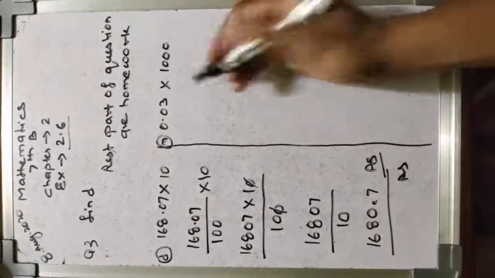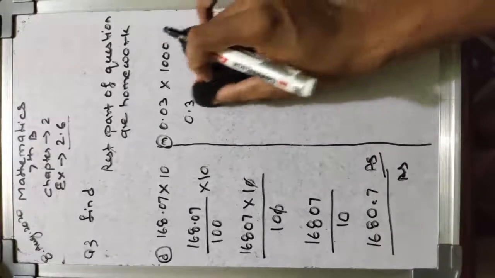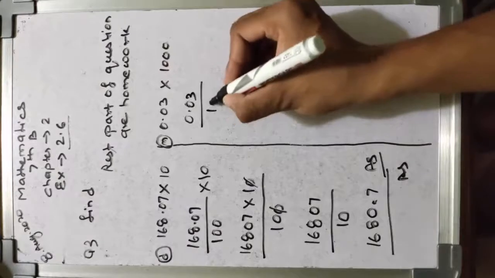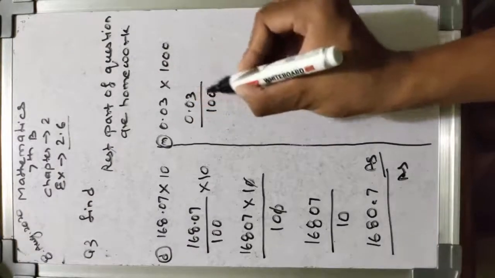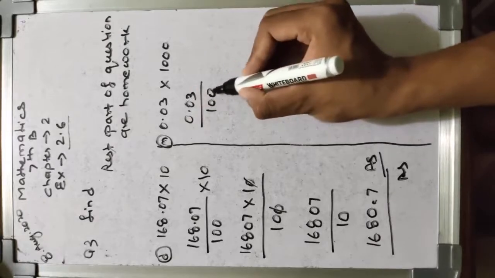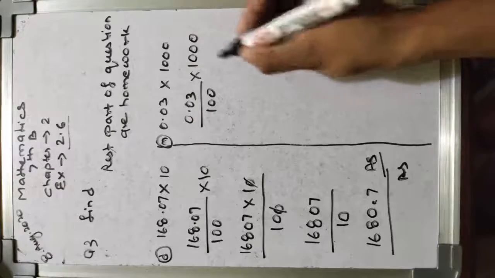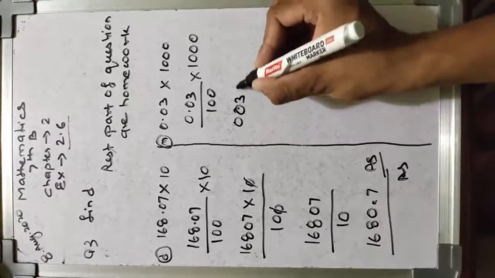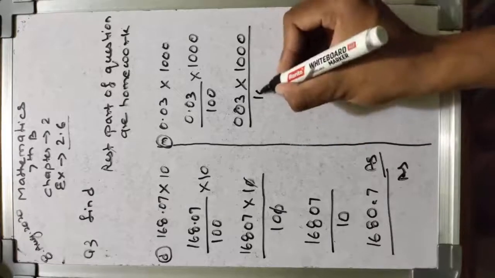Now this one, see, first I convert this number into a number without decimal. So I will put 100 here. Why? Because there are 2 digits after decimal. So first 0 is for this and the second 0 is for 3, and 100,000. So this number will become 003 multiplied by 1000 upon 100.